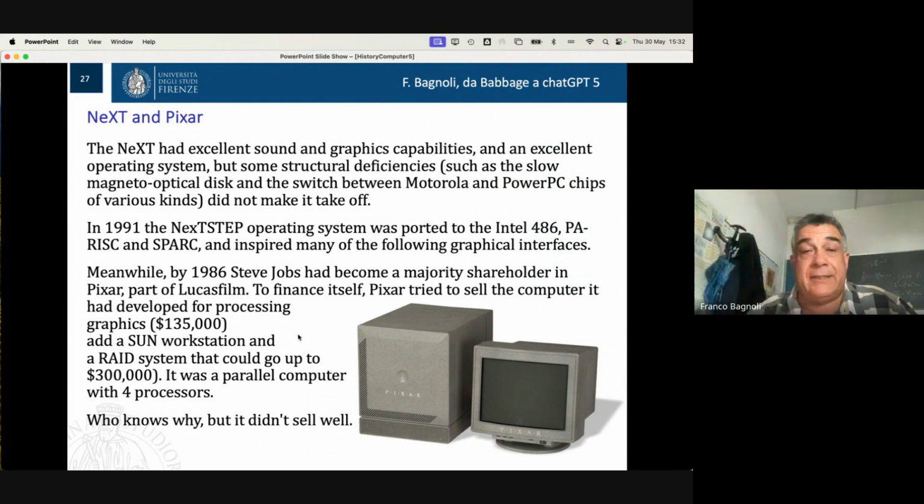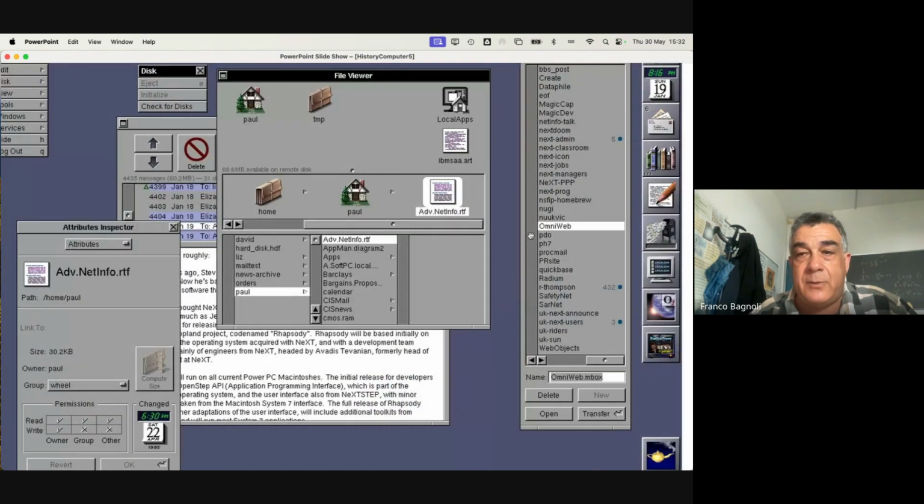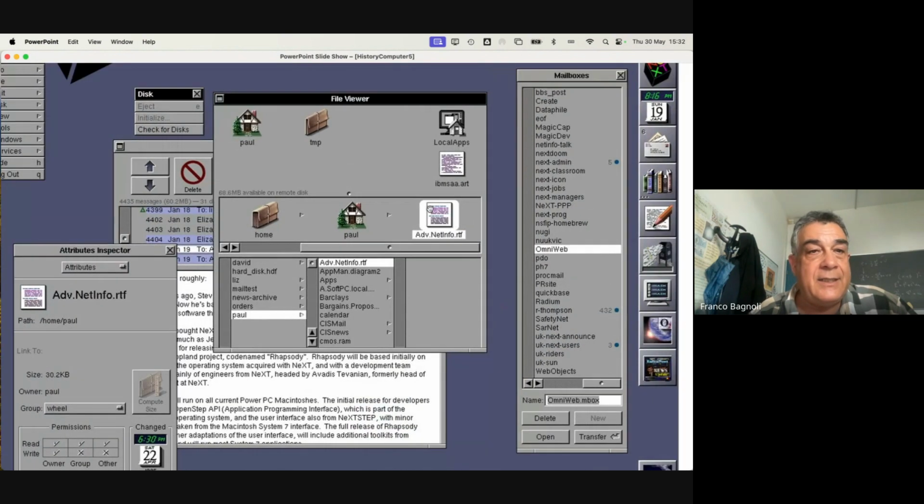So clearly not a really large amount, but it was a parallel computer, with clearly an excellent operating system. Also the NeXTstep workstation, which was quite popular in the academic world. It was a really mature system with a very sophisticated interface.